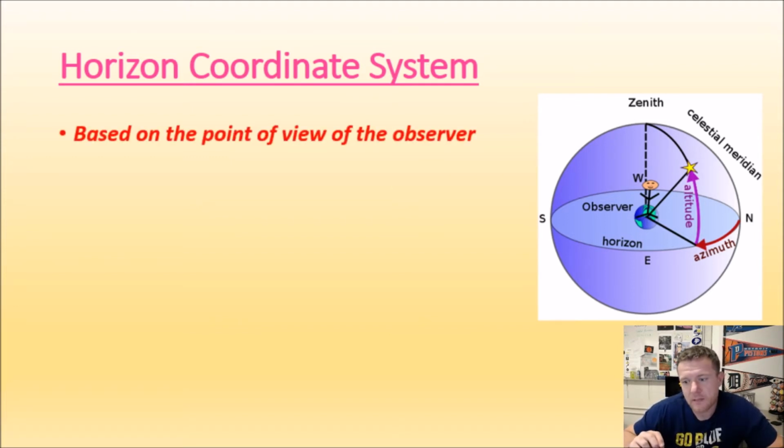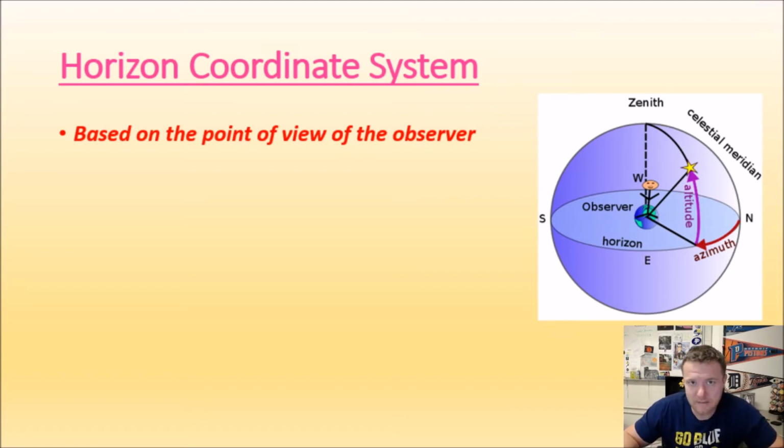Because my horizon and what I can see with my eyes is different than what somebody, let's say in Miami, can see, it's going to change depending on where the observer is. So it's all dependent on the point of view of the observer, which means if you're next to somebody, it's perfect.